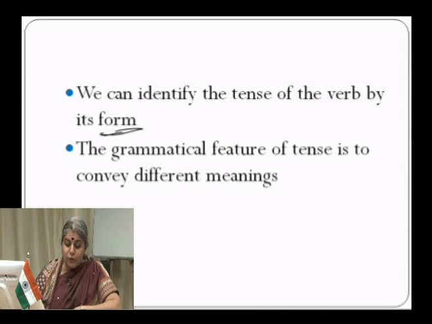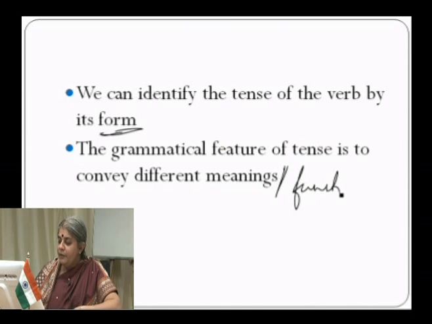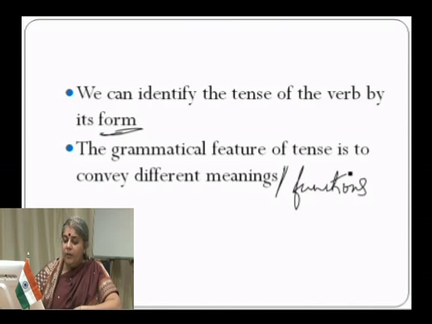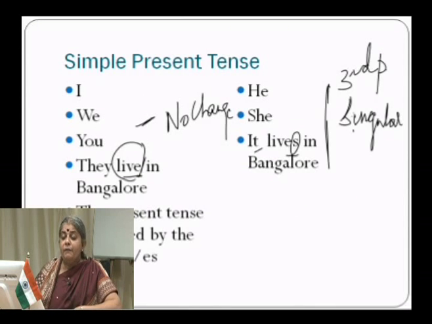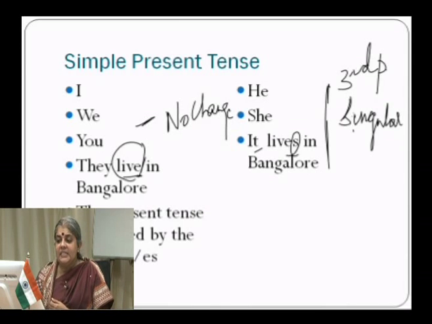When we talk of two tenses, the present and the past, they are used to convey what? Different meanings, and they perform different functions. Not only meaning, but also what? They perform different functions. Now, in order to understand the different meanings and functions, we first went on to understand the simple present tense. Now, what is a simple present tense?